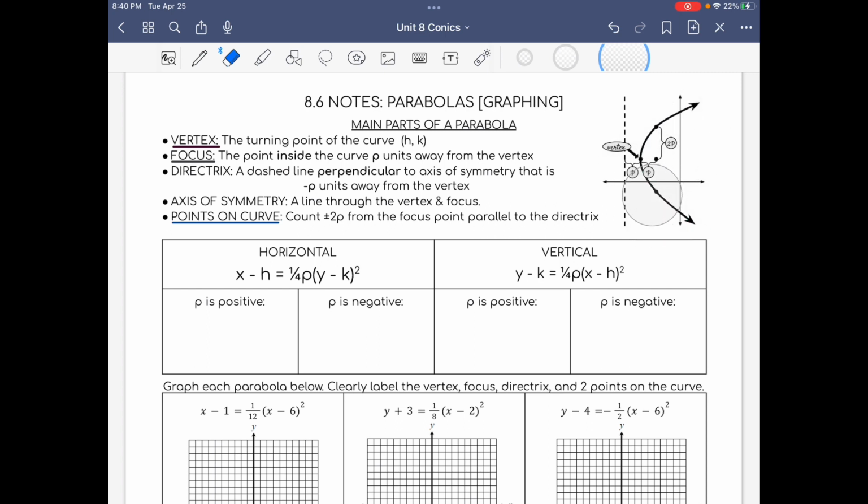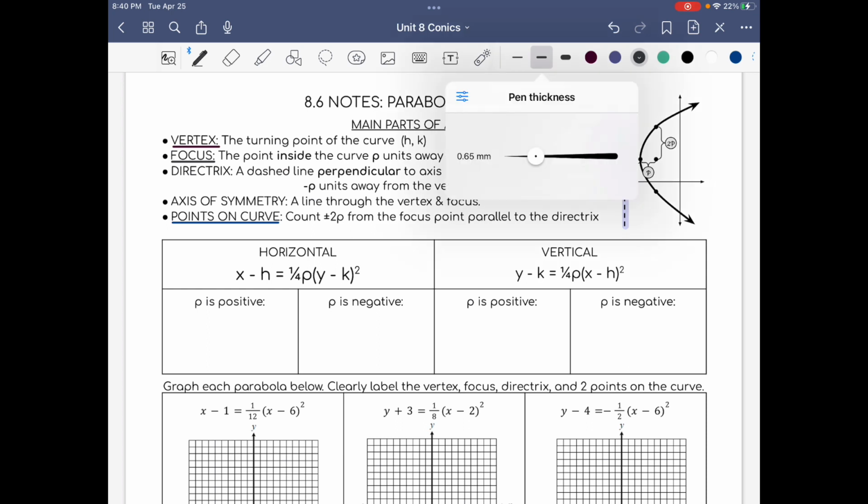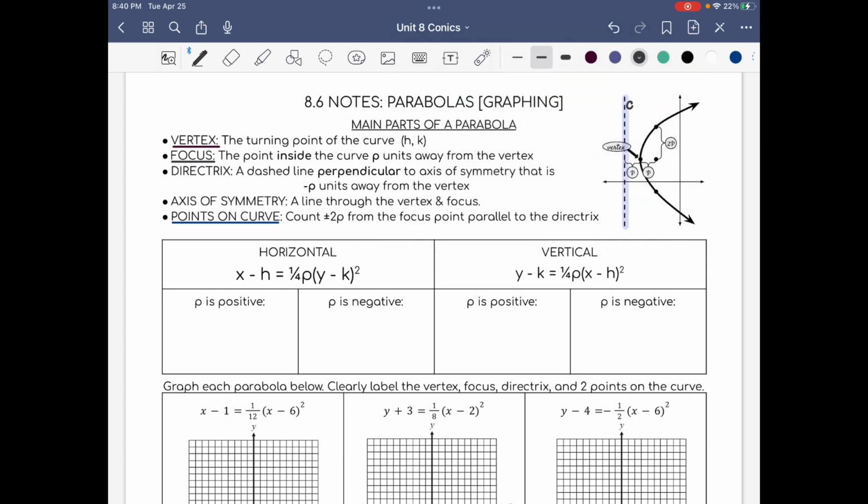We're just going to focus on the vertex, the focus, and the dashed line called the directrix that is right here. In fact, let's go ahead and label it so that we know what it is. Directrix. There you go.